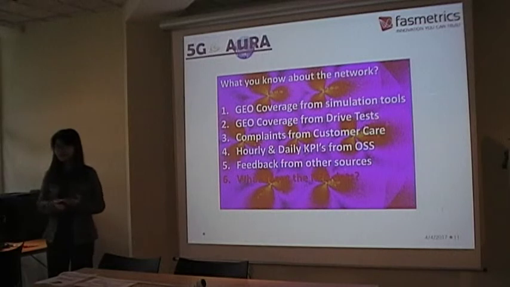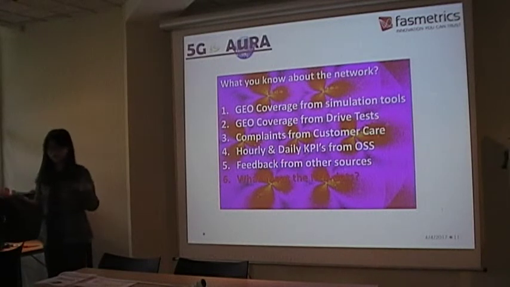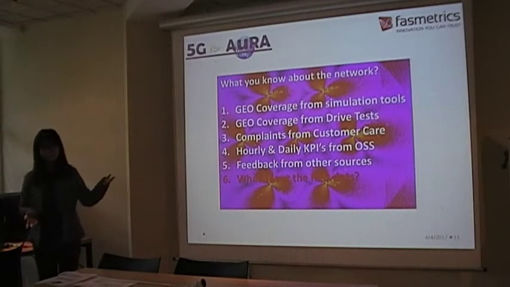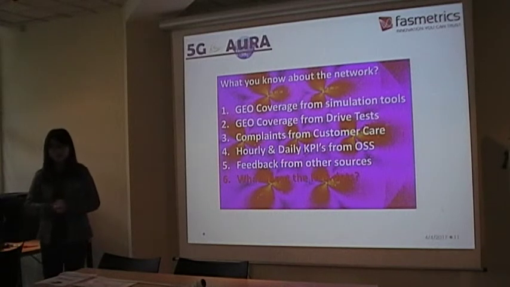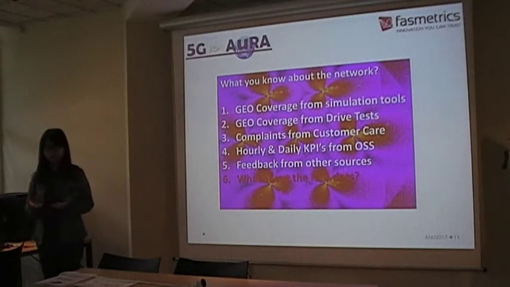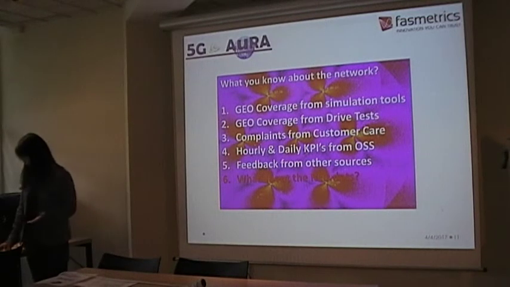And also we can get the complaints from customer care and the hourly or daily key performance indicators from our operation support systems, as well as some feedback from other sources. But how can we know the user distribution information in the system, especially for those users who have the bad network experience?